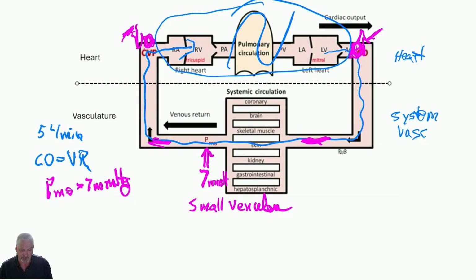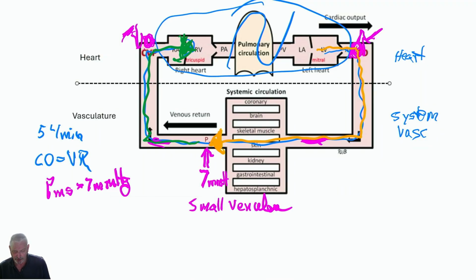And the reason that's conceptually important is because the flow going up until that point in the systemic circulation, we're going to call cardiac output, and the flow anywhere downstream from that circulation, we're going to call venous return.